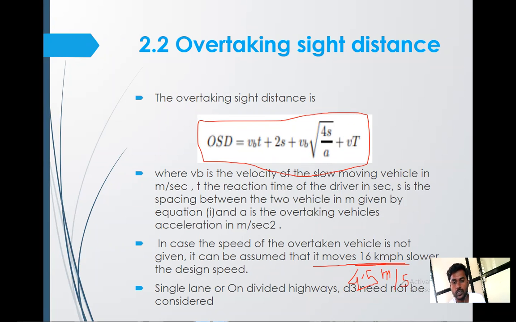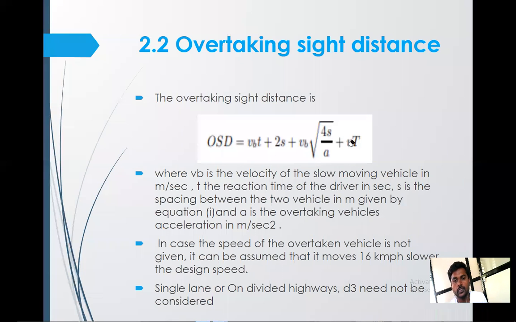These are very important points, that's why I am repeating them a number of times. This is the condition when the speed of the slow moving vehicle is not given.